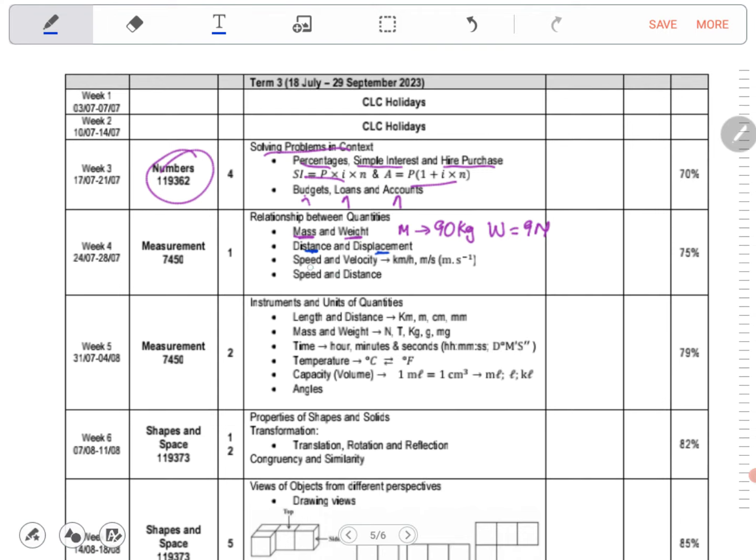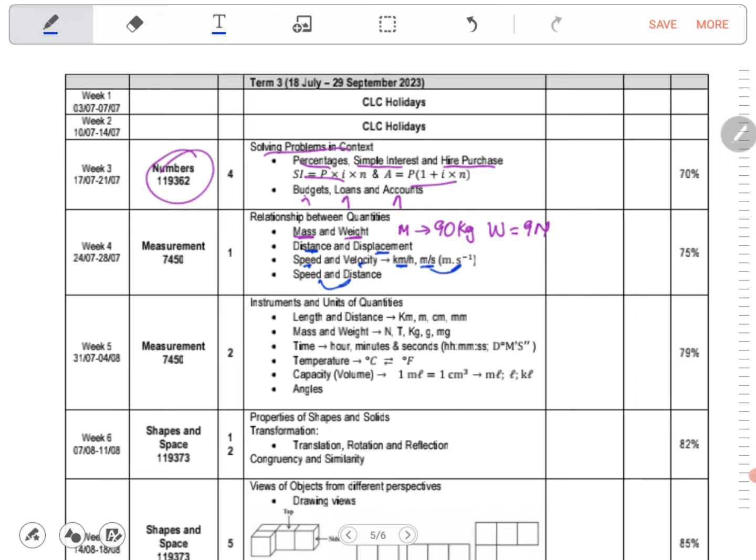And then we have to deal with speed and velocity, and sometimes we would confine ourselves to kilometers per hour and meters per second. Then there is the relationship between speed and distance, and obviously that will also involve time.